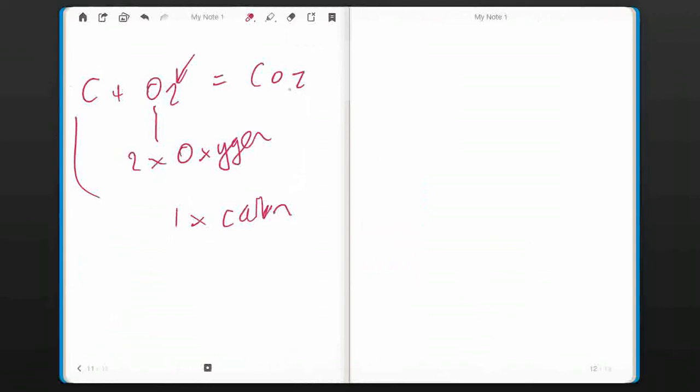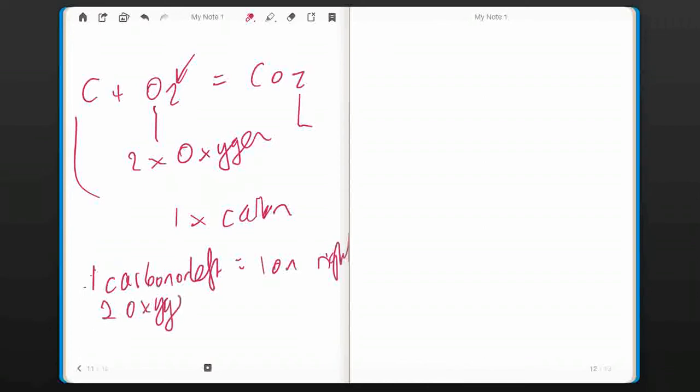So here it's 2 oxygens again, and you'll see that each side is equal. So there is 1 carbon on the left and 1 on the right, and there's 2 oxygens and there's 2 oxygens. So this helps you when you're trying to balance equations.